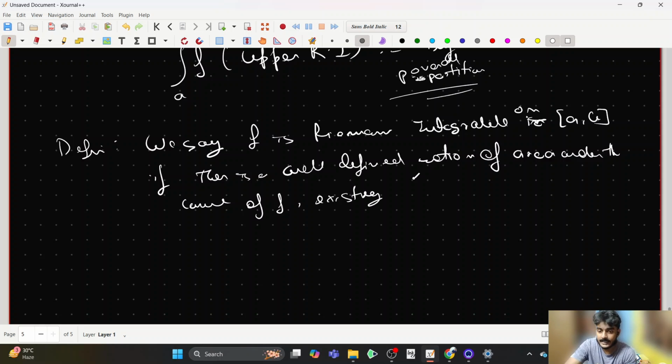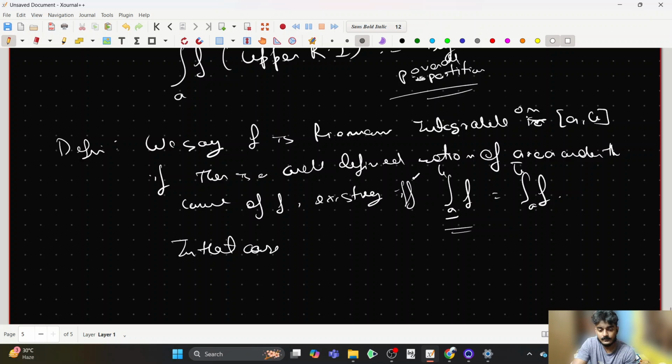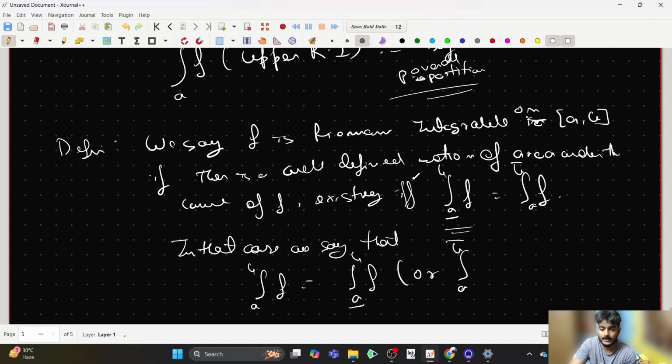As we said, this exists if and only if the lower Riemann integral is the same as the upper Riemann integral. So f is said to be Riemann integrable on [a, b] simply if the lower Riemann integral of f and the upper Riemann integral of f both exist and are equal to each other. In that case, we say that the integral from a to b of f is exactly equal to this lower Riemann integral or the upper Riemann integral. Fine. And this is basically the definition of the Riemann integral.